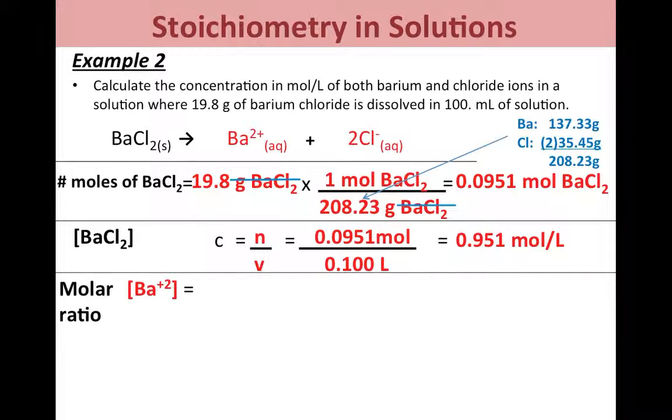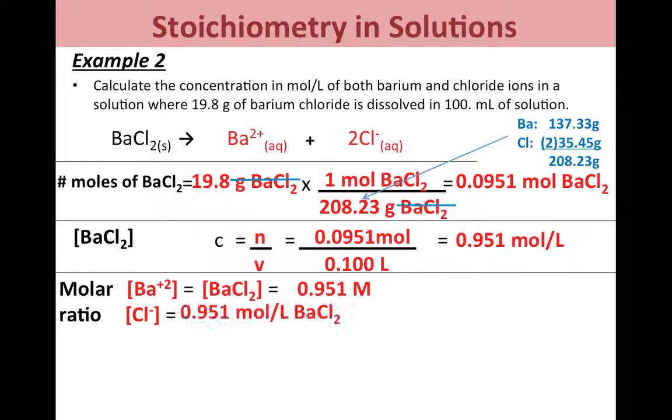The molar ratio. For barium to barium chloride, it's the same, but you have twice as many chlorides as you would have barium in barium chloride. So the concentration for chloride is twice that.